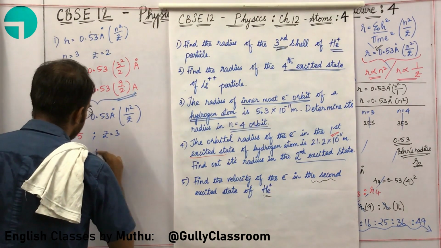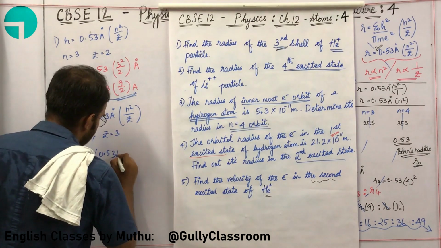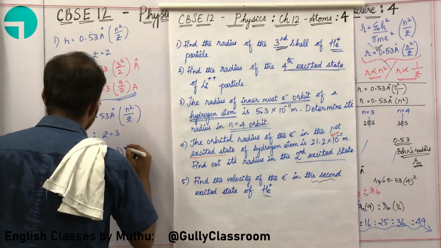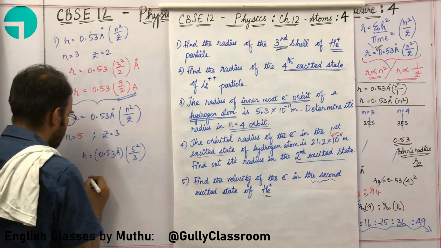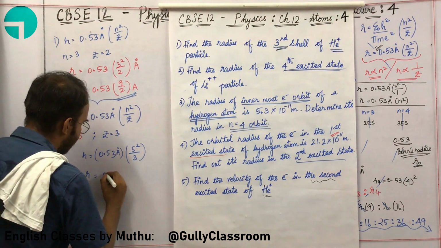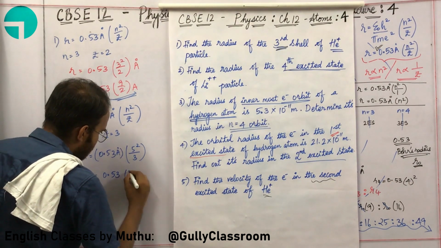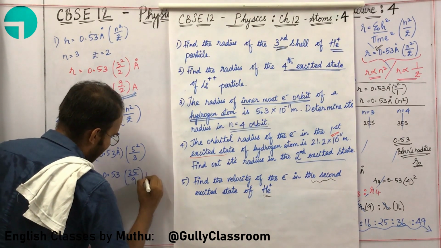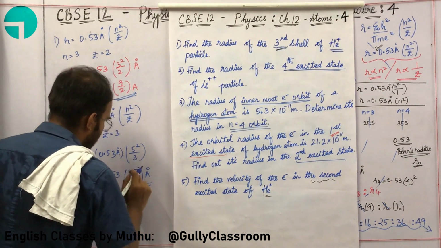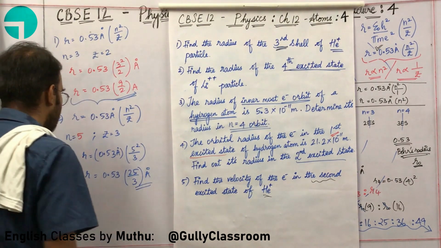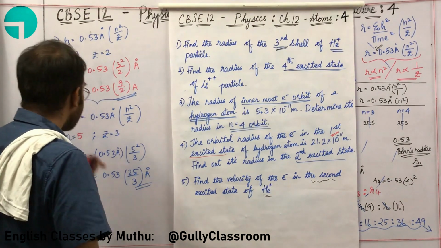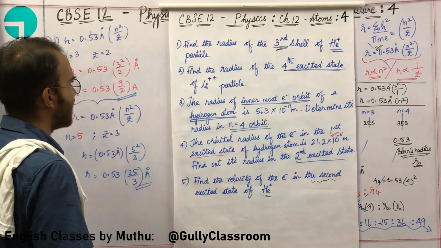R is equal to 0.53 angstrom multiplied by 5 square divided by 3. So what is the R value? 0.53 times 25 divided by 3. The square is only on the top. 25 divided by 3 angstrom. Are you comfortable with this particular idea?